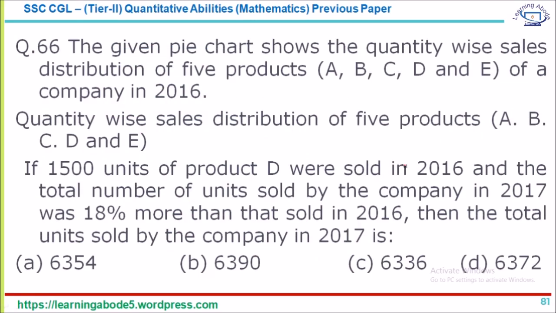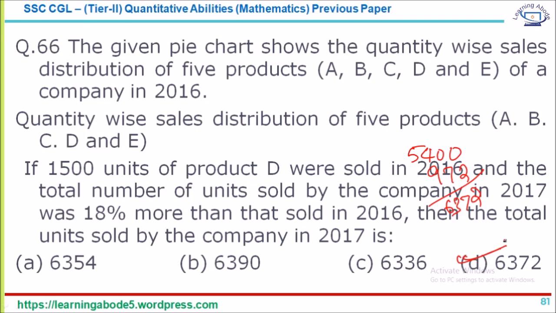Now 18% more than that. Now 18% of this 54 would be 972, right? So if you add you get 6372. Okay, so that's answer option D for this question, question number 66.